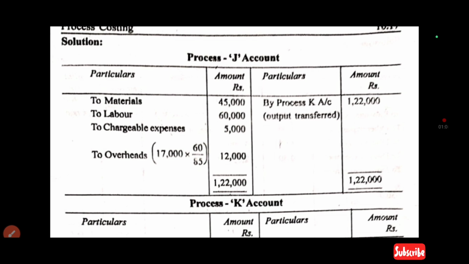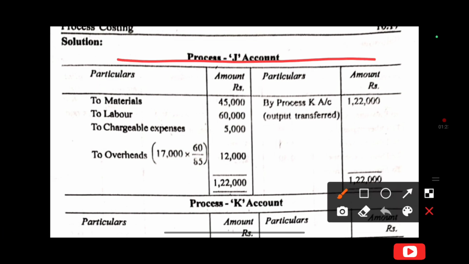Let's prepare process J's account. On the debtor side, we enter the expenses they have given related to process J. This is the T format, that means a ledger format.